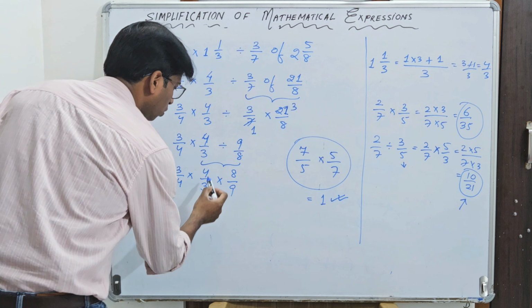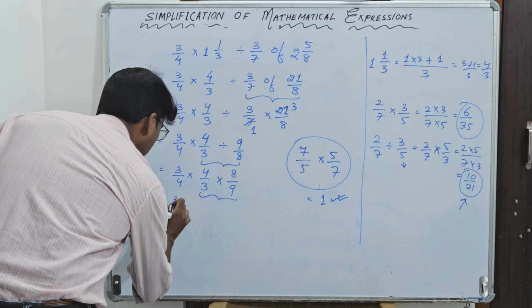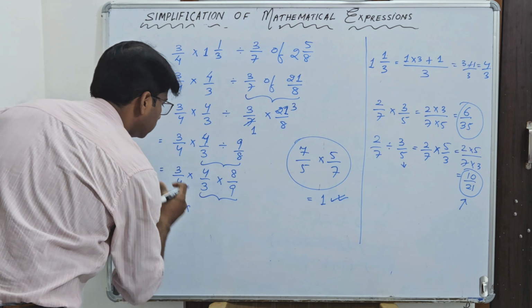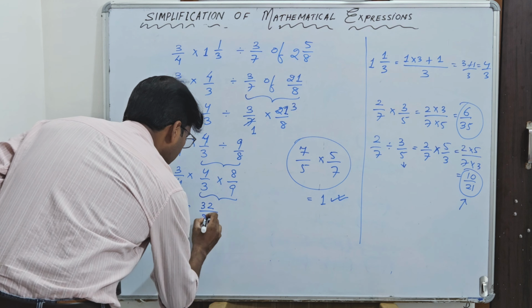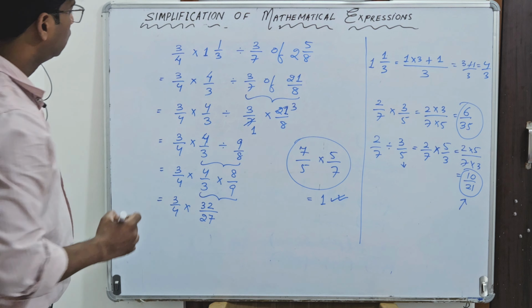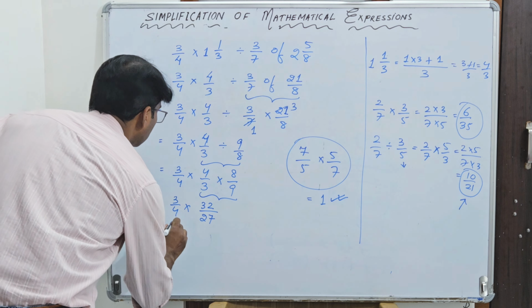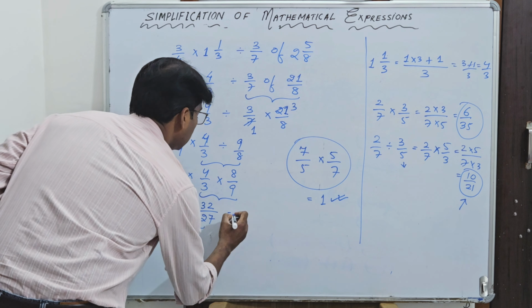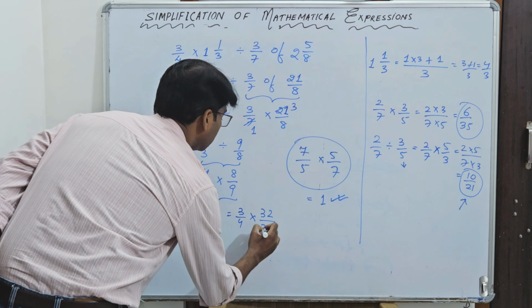So now you see, you have to operate this first. So 3 by 4 into 4 into 8 how much? 32. By 3 into 9 how much? 27. You got here 32 by 27. Now the last step is what? Operate this. This is 3 by 4 into 32 by 27.